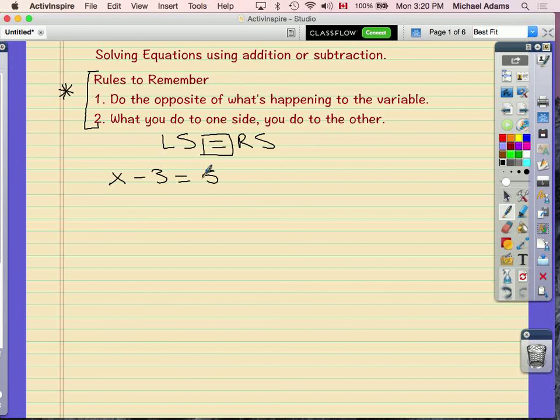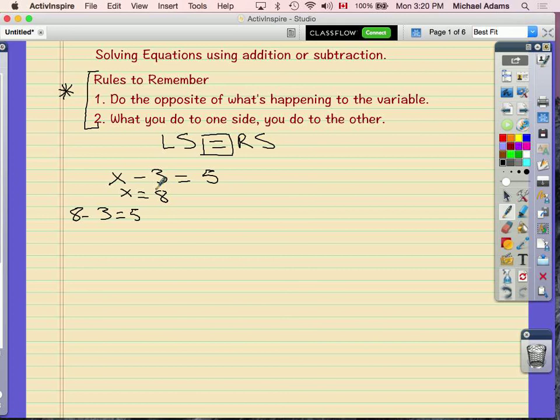What number can I take 3 away from and I get 5? I'm sure you can think about it. It's like, oh, that one's easy. If I go 8 minus 3, well, 8 minus 3 gives me 5. So that means that x is equal to 8. And we did a check here, that works.